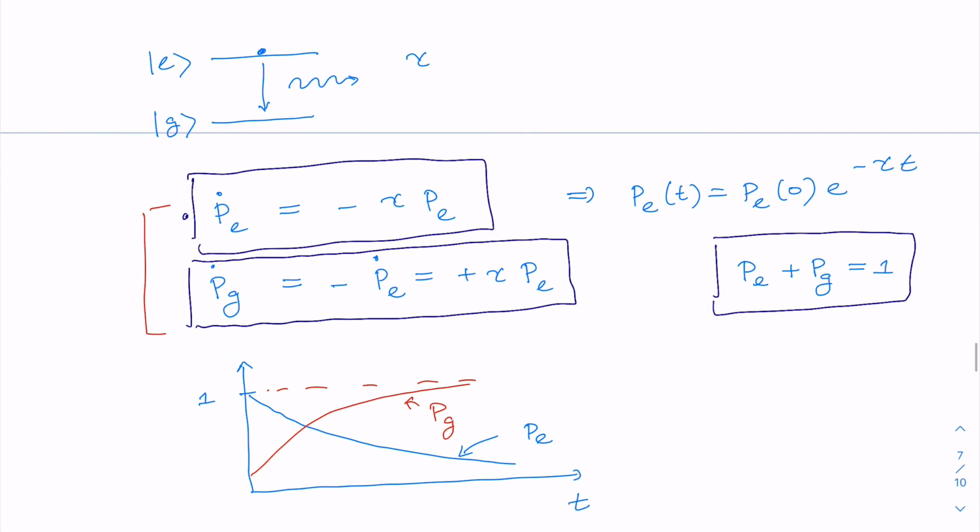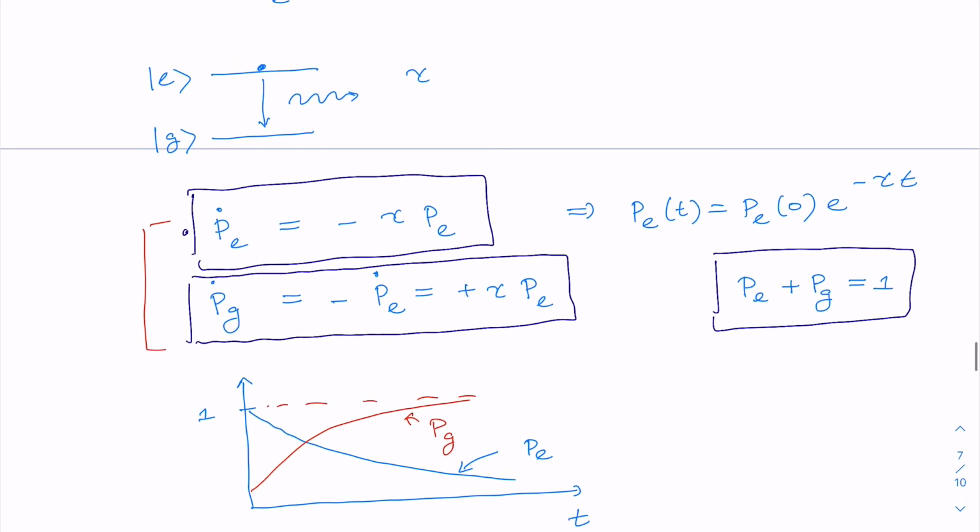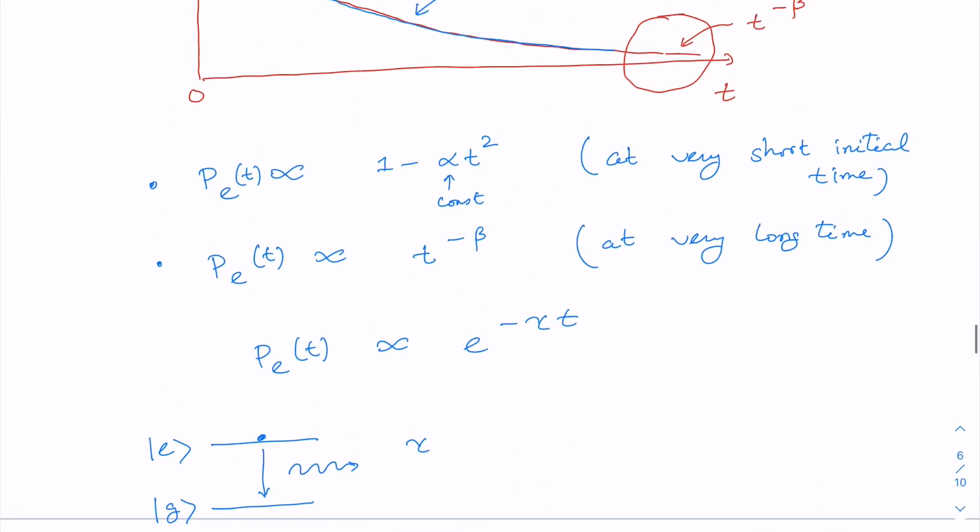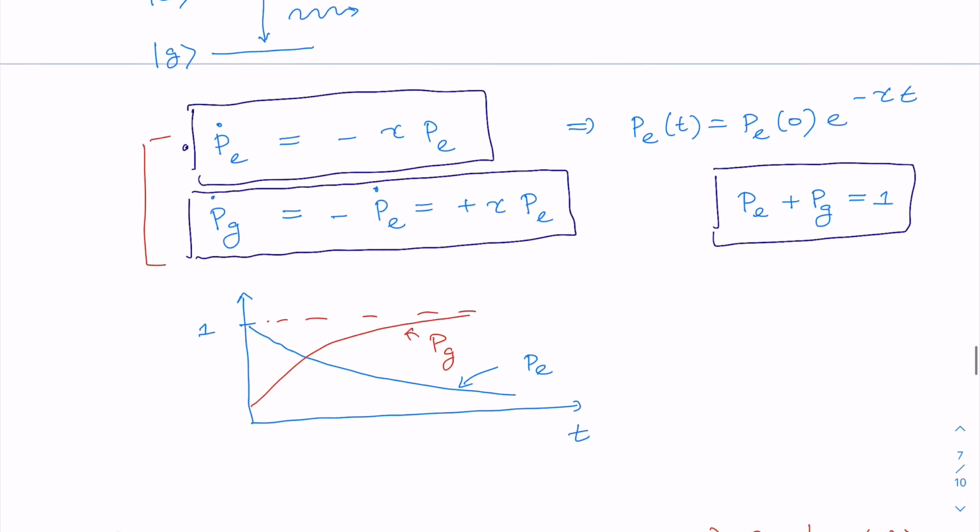If we plot it, we see the exponential decay from the excited state, as it should be, and we recover the dominant result in the Weisskopf-Wigner solution.